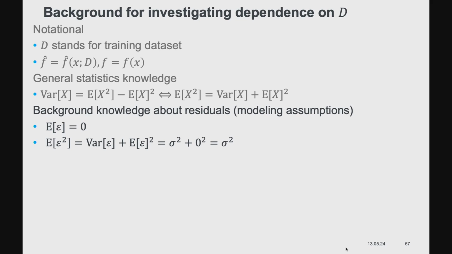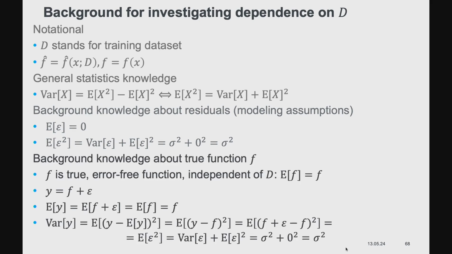Therefore, the square of it is also 0. So we have the variance of our residuals as our expected loss. Because this sigma squared, our residuals were sampled from this distribution, and here's 0, so we have our sigma squared.